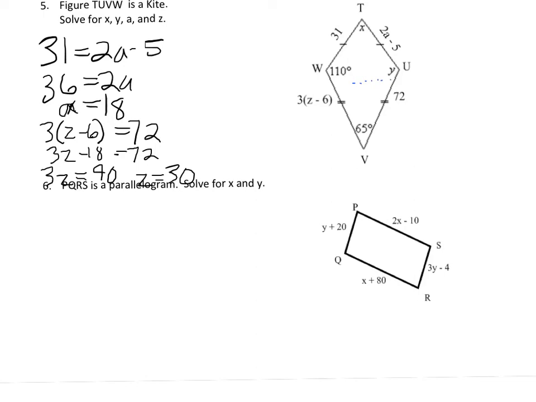I like to picture cutting this kite in half, right down the middle. I can prove that those two triangles are congruent by side, side, side. You see I have these two outsides and then they share that middle line. And so that's why I'm able to show that these two angles are congruent, so y must equal 110.